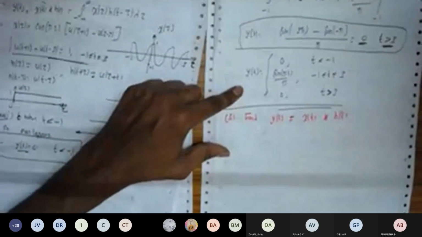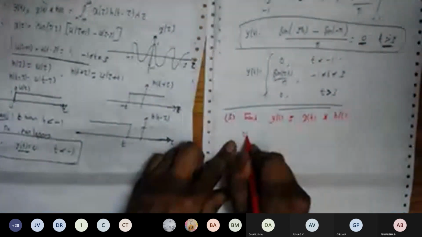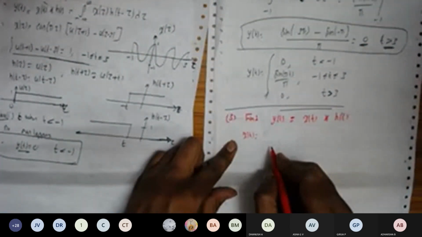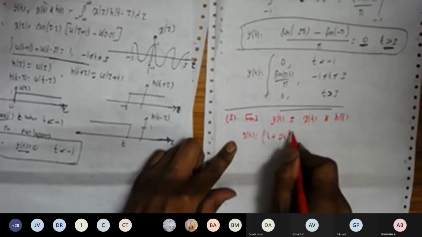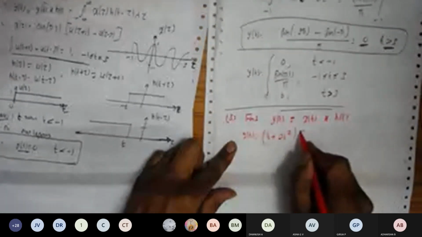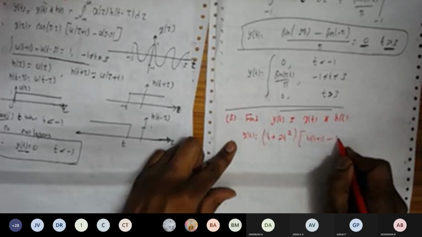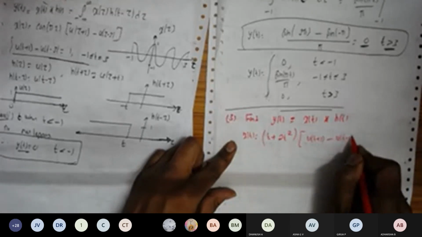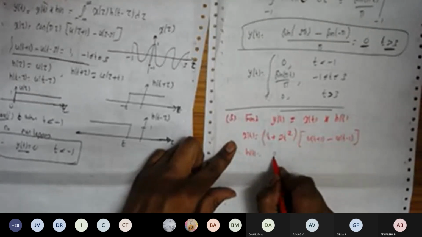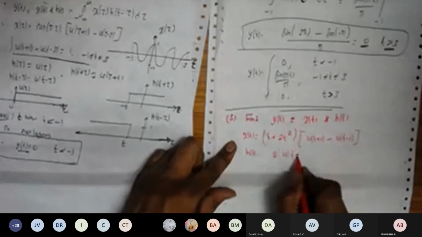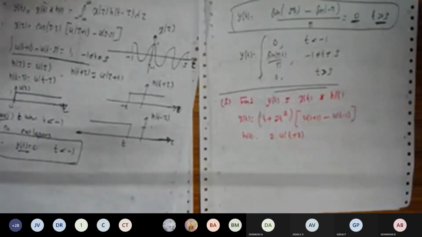Here x of t is nothing but t plus 2t square, multiplied by u of t plus 1 minus u of t minus 1, and h of t is equal to 2 into u of t plus 2.